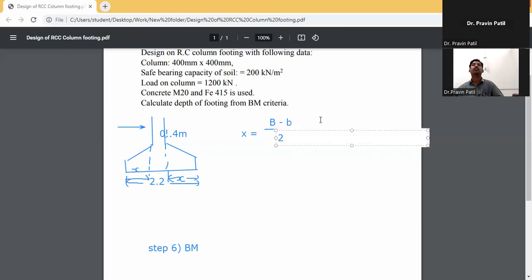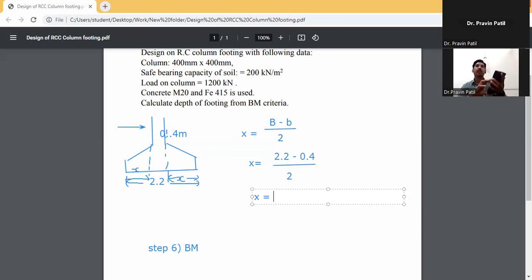So x is equal to 2.2 meter minus 0.4 divided by 2. It will be 0.9 meter.